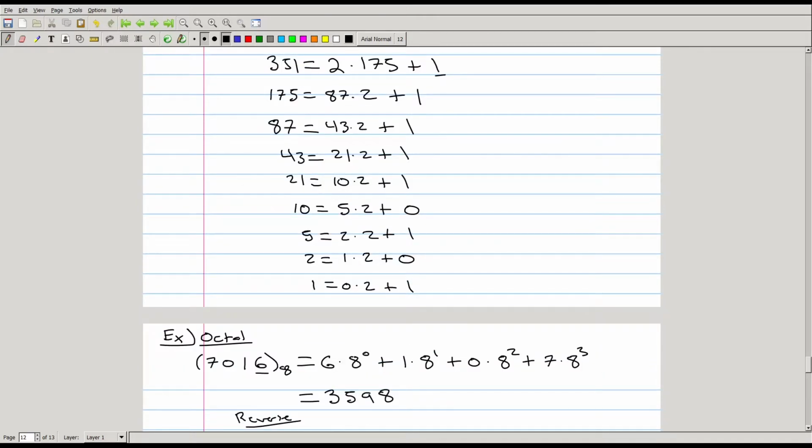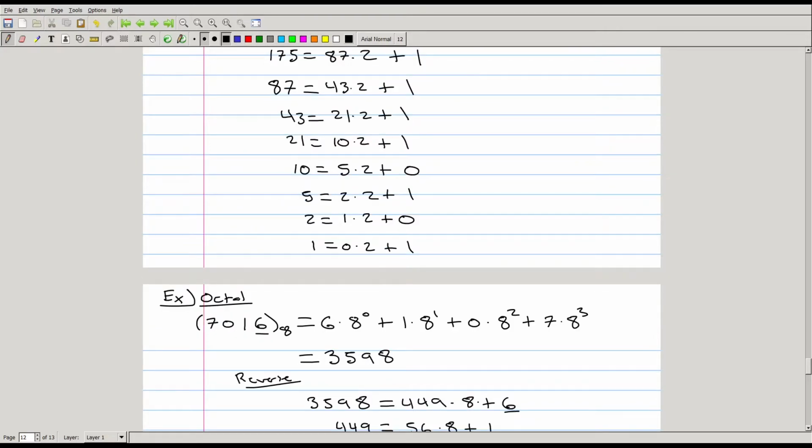So for the octal example that we presented earlier, if we want to move backwards, we showed that 3,598 is 449 times 8 plus 6, which is the first digit in the octal expansion of this number.